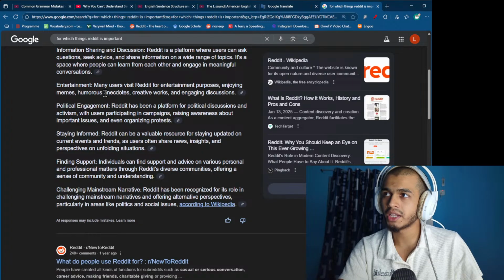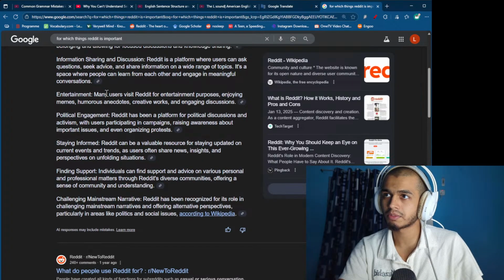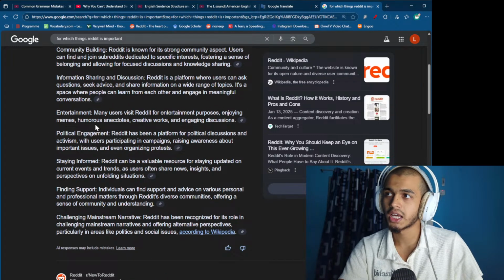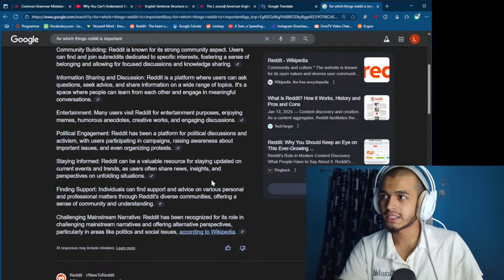Entertainment: many users visit Reddit for entertainment, enjoying memes, humor, anecdotes, and creative works. Staying informed: it's a valuable resource for staying updated on current events and trends, as users often share news, insights, and perspectives on unfolding situations.